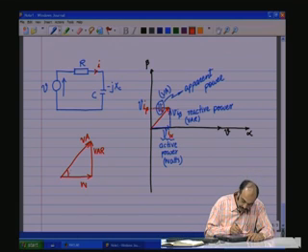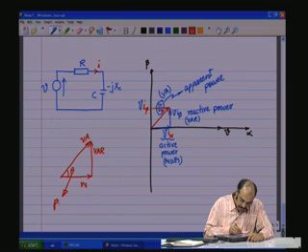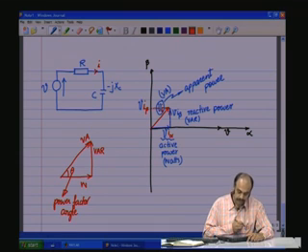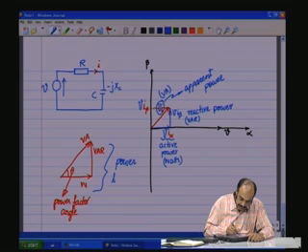And that angle theta is called the power factor angle. And this triangle is called the power triangle.